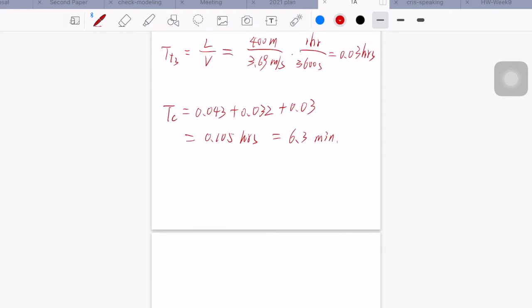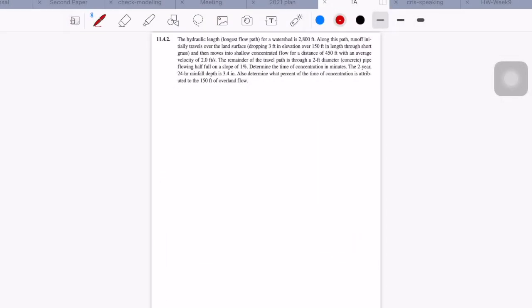So the percent due to overland flow should be equal to 0.043 hours divided by the total hours, 0.105 hours. So this value is 14.1%. We finished this problem.